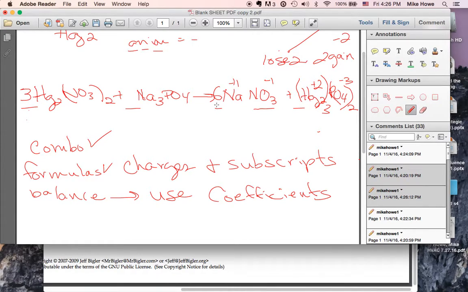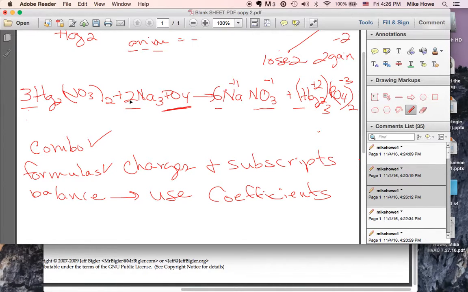Well, that multiplies my sodium, doesn't it? Because there was only one sodium here, but now when I put a 6 there, there are 6 sodiums. So on this side there's 3. What I'm going to need to do then is multiply that by 2, because 2 times 3 is 6. Well, how many PO4s now do I have on this side?